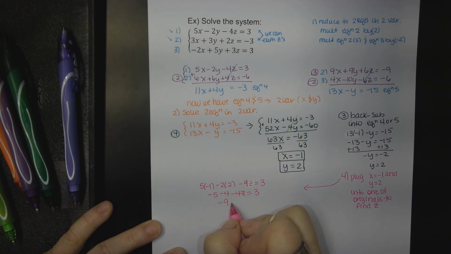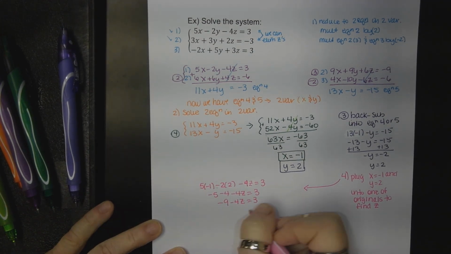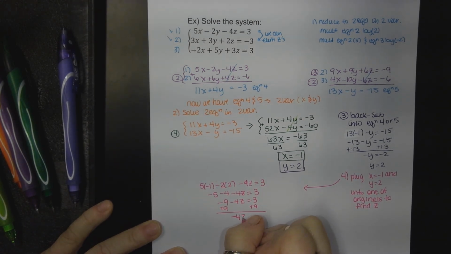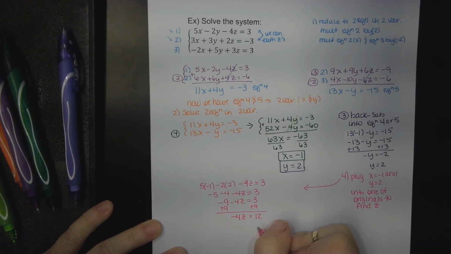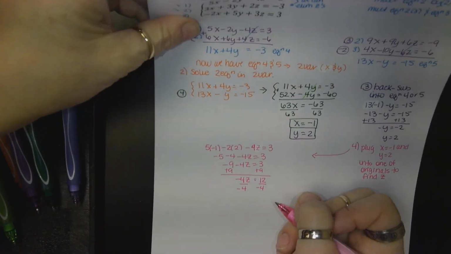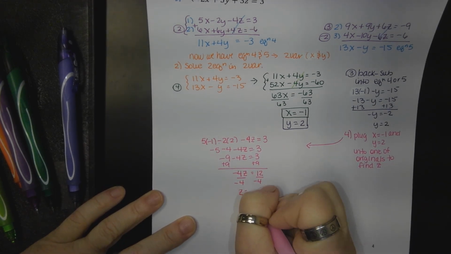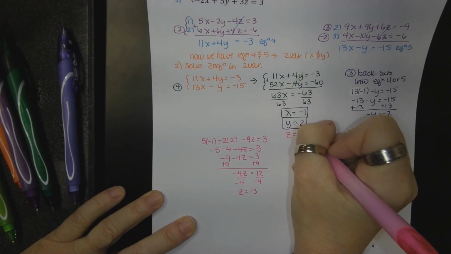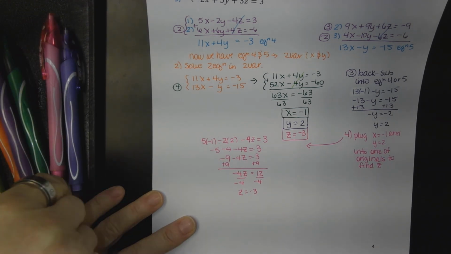Well, this is negative 9 minus 4z equals 3. Okay, let's add this 9 to both sides. Negative 4z is 12, right? So now if we divide by negative 4 on both sides, we're going to get z equals negative 3. The third one.